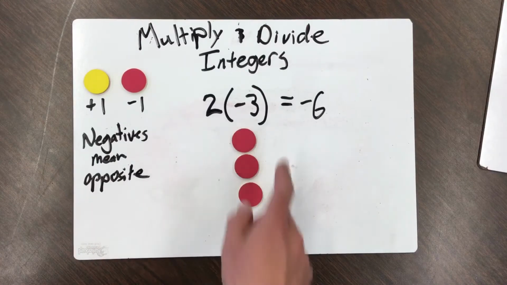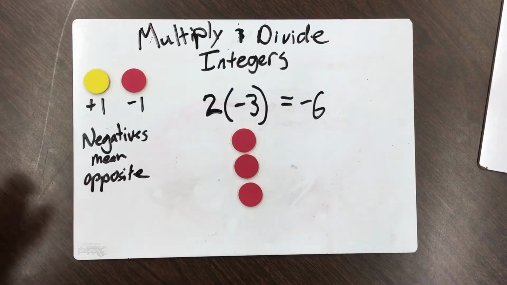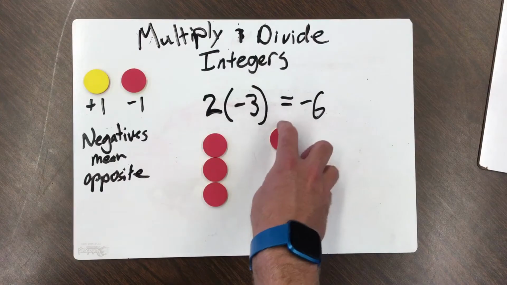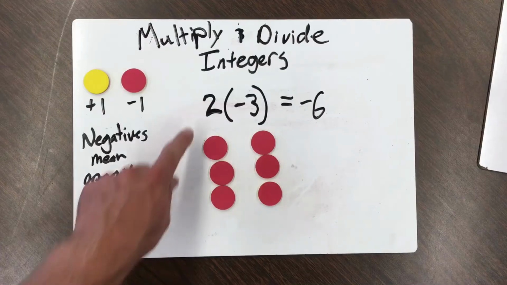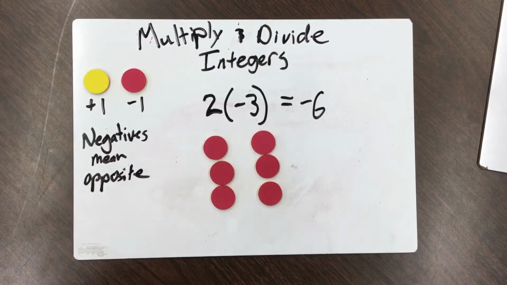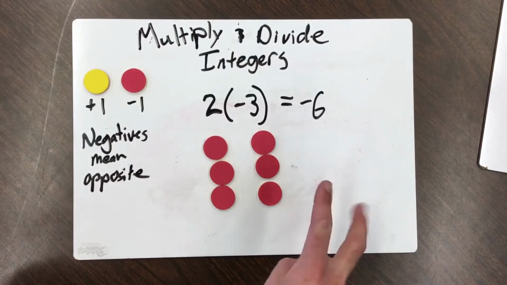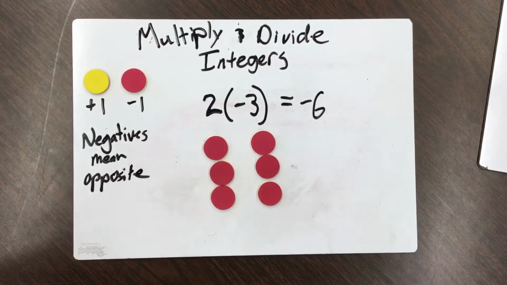Well, 2 times that means I have 2 groups of these negative 3s. So I'll take a second group, and what I now have here is the same thing as saying 2 times negative 3, because keep in mind, multiplication means we have grouped something together. So we have these 2 groups of negative 3, and we count them up: 1, 2, 3, 4, 5, 6. But they're all red, and that's why it's got to be negative 6.